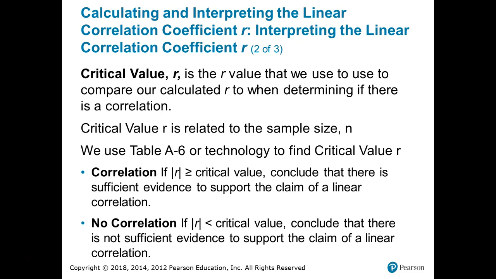There is a correlation if the absolute value of the R that you calculate is greater than the critical value, which you get from table A6. If the absolute value of R is less than the critical value from A6, there is not sufficient evidence to support the claim of a linear correlation.